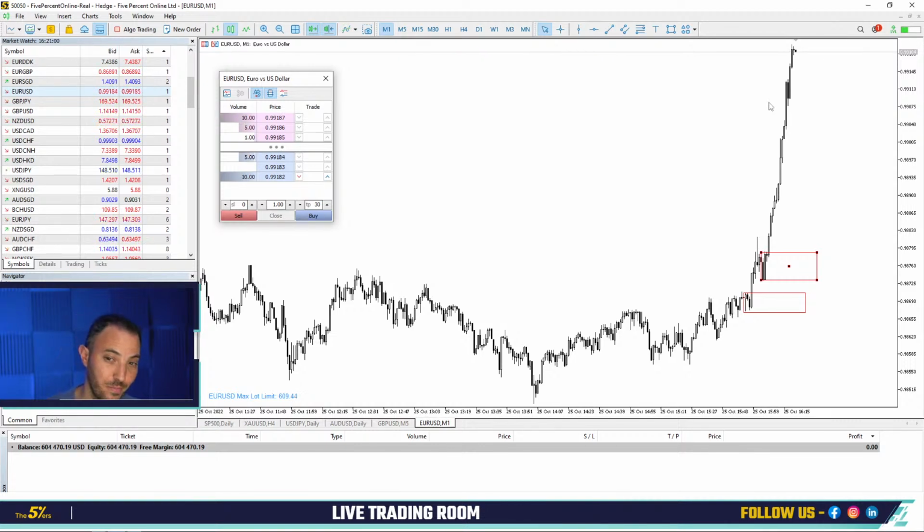The other way to approach this would be trying to slowly build a short to anticipate the pullback, but that's a very high risk trade. So I just need to be patient.